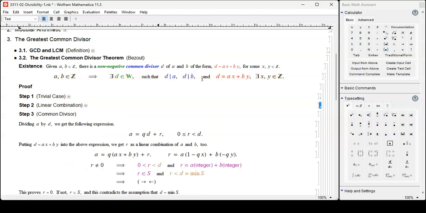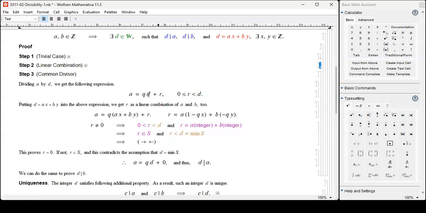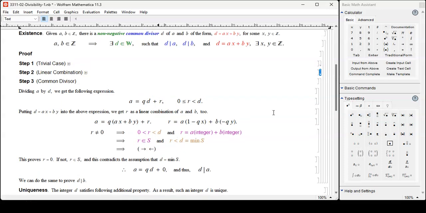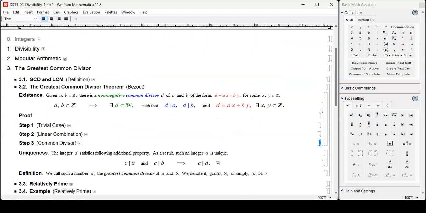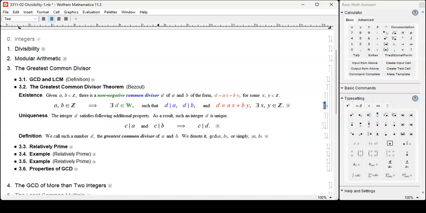Now, can you prove the other one in pretty much the same fashion? From the division algorithm like that, and the set similarly, and use the same logic to conclude D divides B? Yes, you should be able to do that. If you want to do some exercise, you can paraphrase that with different characters, of course. I'm going to leave that to you. And as a consequence, D is a common divisor as well.